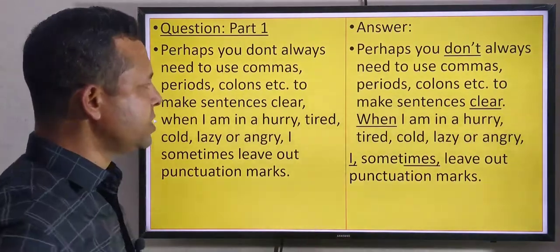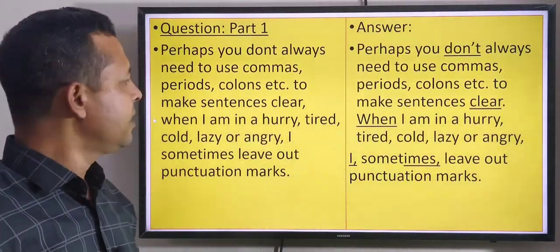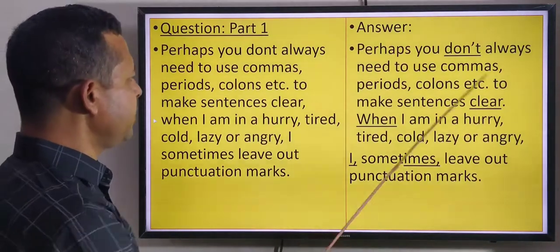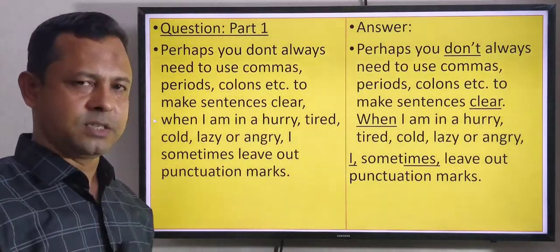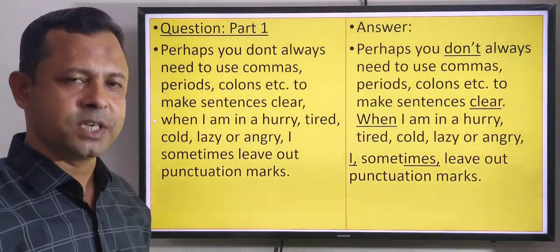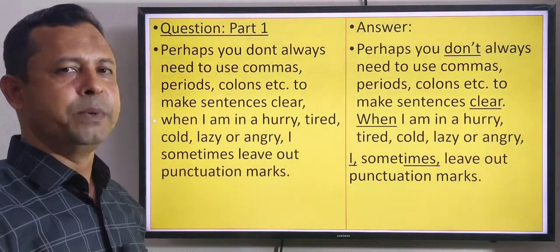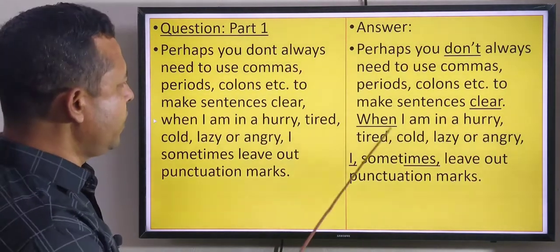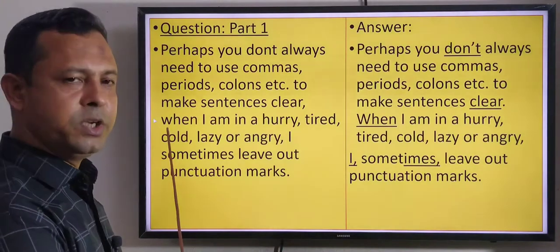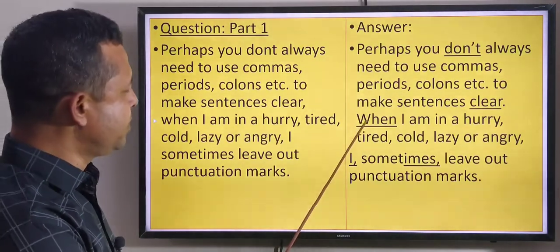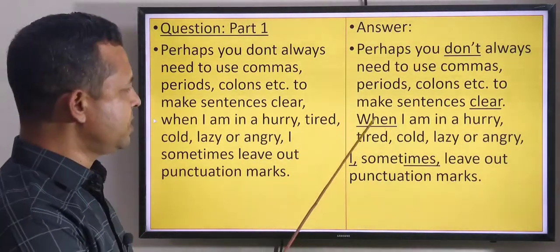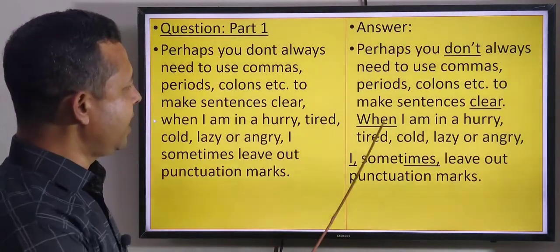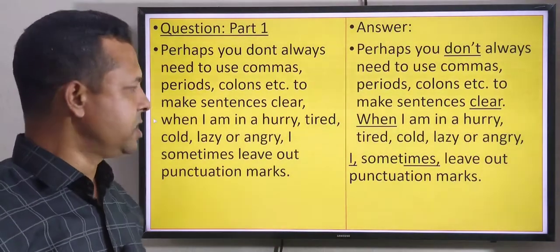I have used a full stop and underlined the correction. After the full stop, a new sentence starts, and the first letter of a sentence always becomes capital. When W is small, we have to use a capital. I have used it for you and underlined the correction.